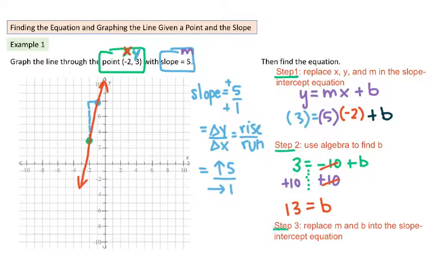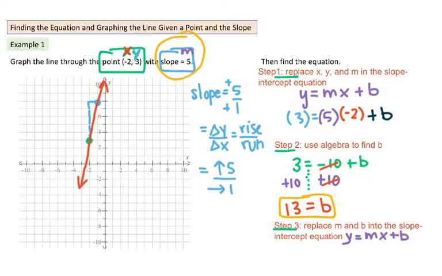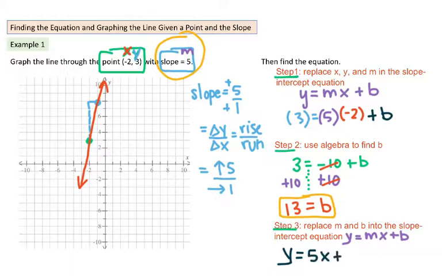So the last step to finding the equation is you're going to replace the m that you already have. So our m is 5, and the b that we just found, 13, into the slope-intercept equation, which, as we remember, is y equals mx plus b. So the final equation of this line in this case is going to be y equals 5x plus 13.